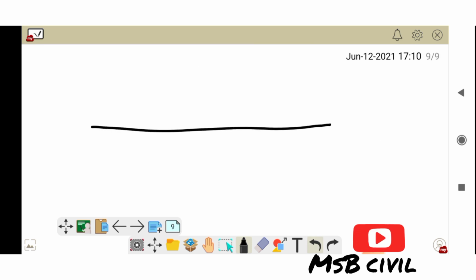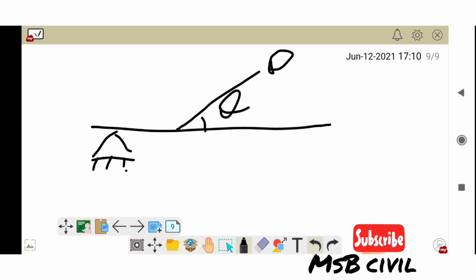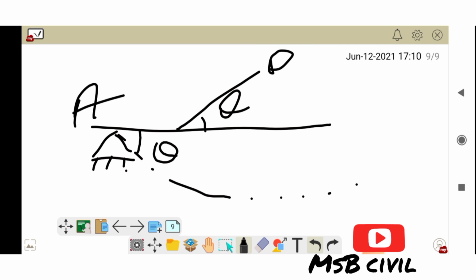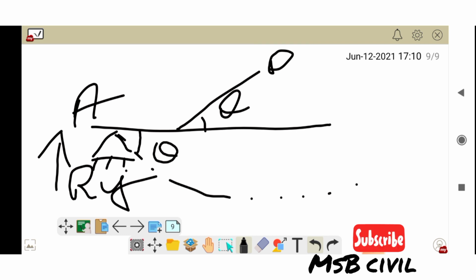If the load acts on the hinge support, the deflection will occur this way. Here we get angle theta, and this is point A. Only here we get the vertical reaction Ry and horizontal reaction Rx.